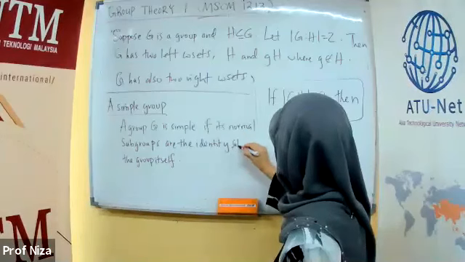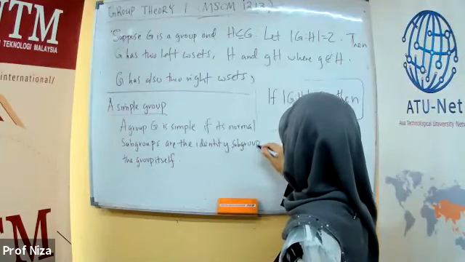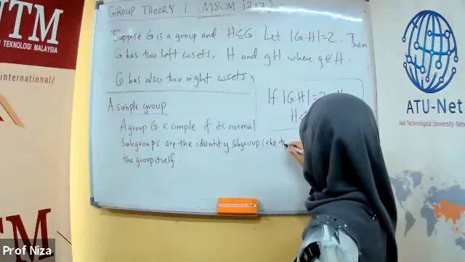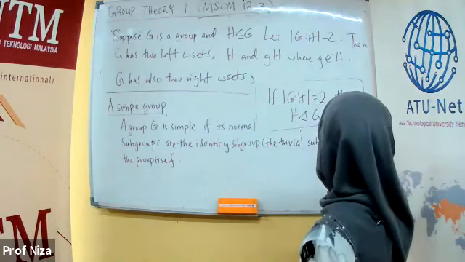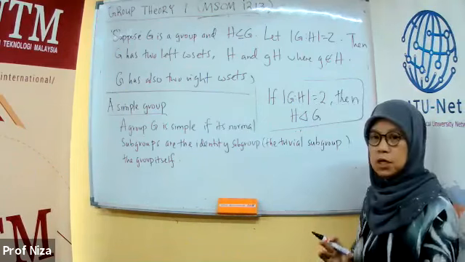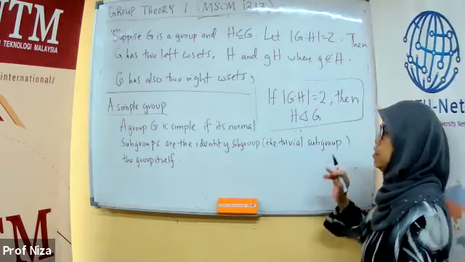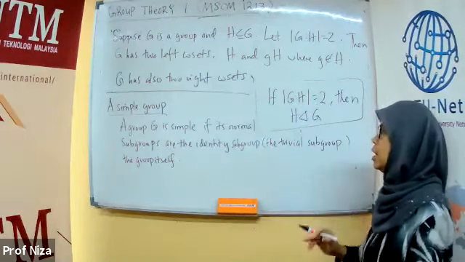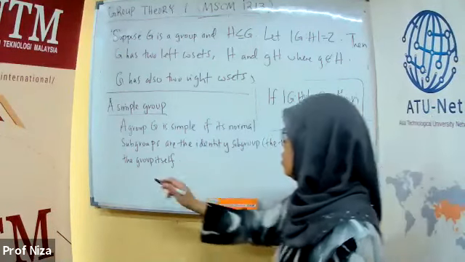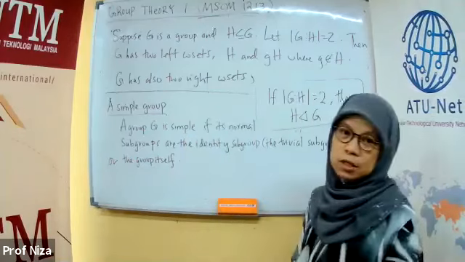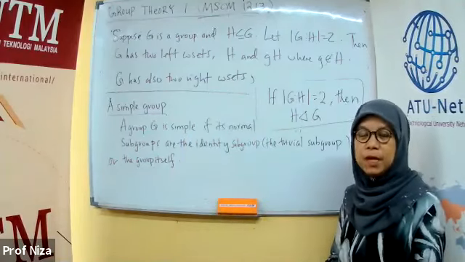The identity subgroup, or the trivial subgroup. A group G is simple if its normal subgroups are the identity subgroup, which is the trivial subgroup, or the group itself.